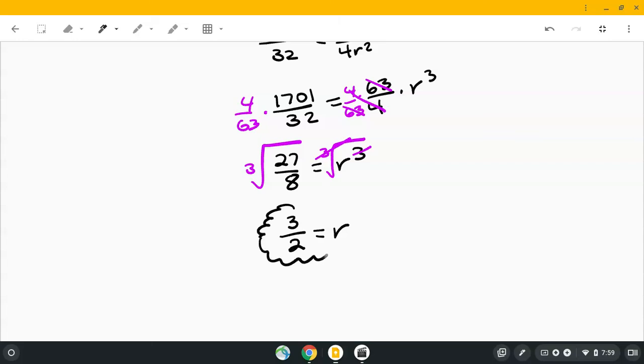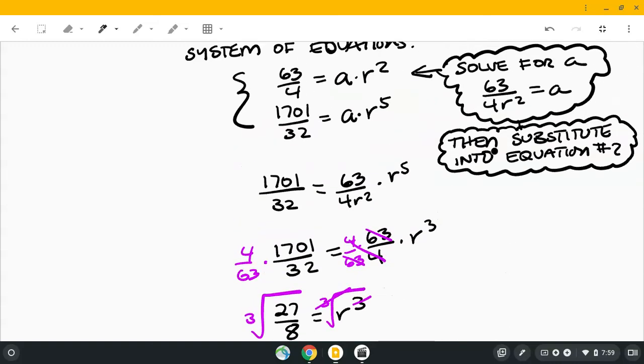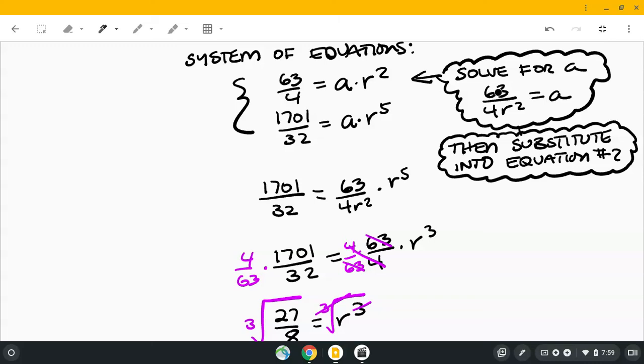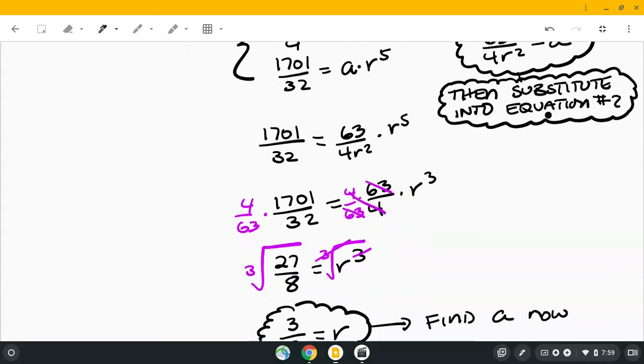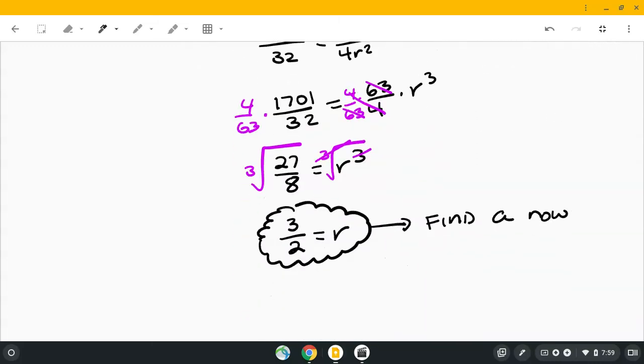And that is not my final answer. Okay. I need to now find a1, or a. But up here, we said a equals 63 over 4r squared. So let's plug that in. A equals 63 over 4r, which is 3 over 2, squared.